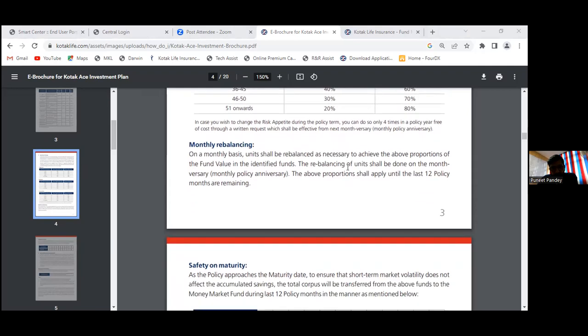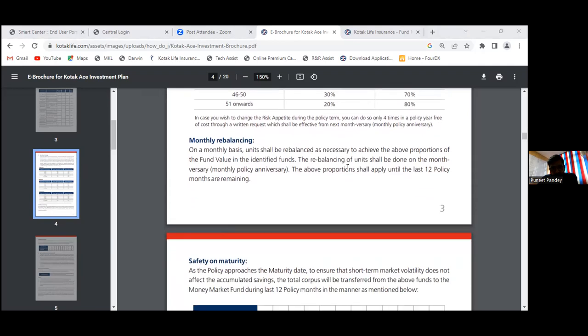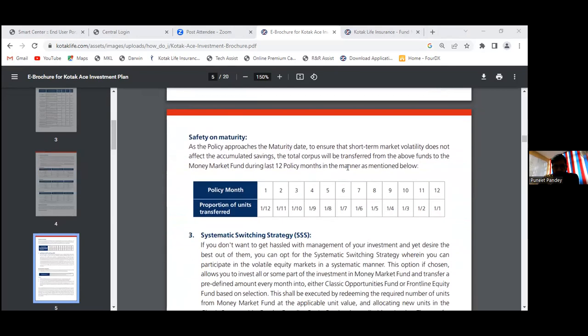Then when the market has gone up very high, then 80% can actually become 90%, and the 20% bond becomes 10% because the market went to a very high level. So at that time, will Kotak do automatic rebalancing, or will it be left only as it is? No, Kotak will do it, sir. Okay, okay. Fine, sir.